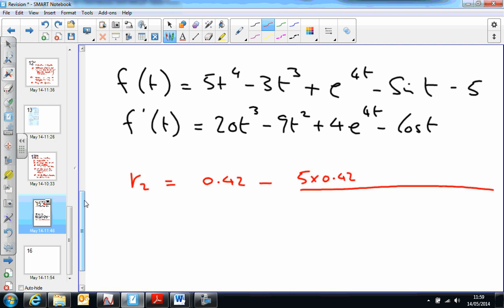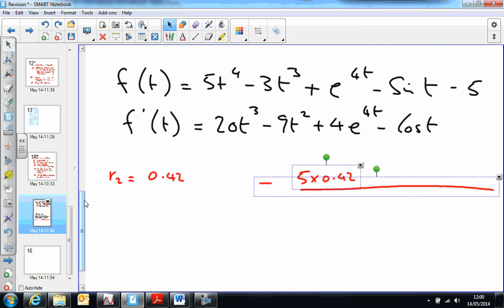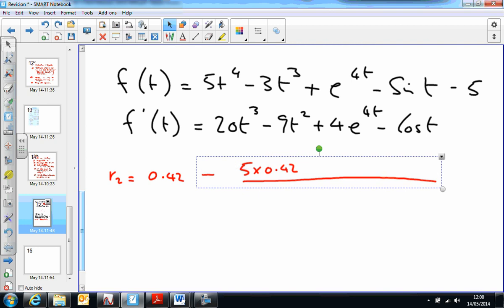I'm going to run out of room here. 0.42, isn't it? Yeah. Leave yourself plenty of room, because it can get quite long if you're going to write it down.